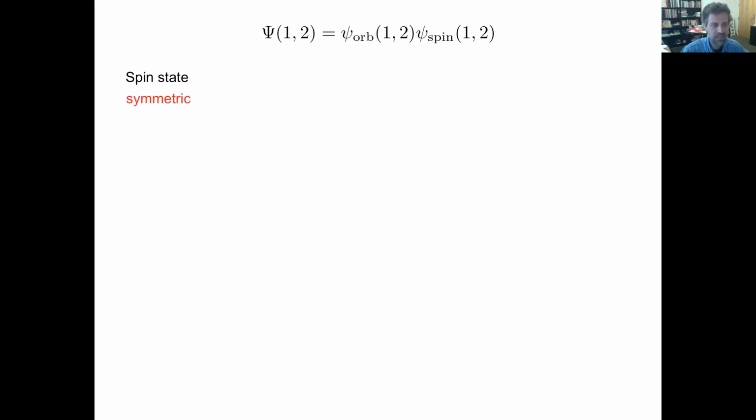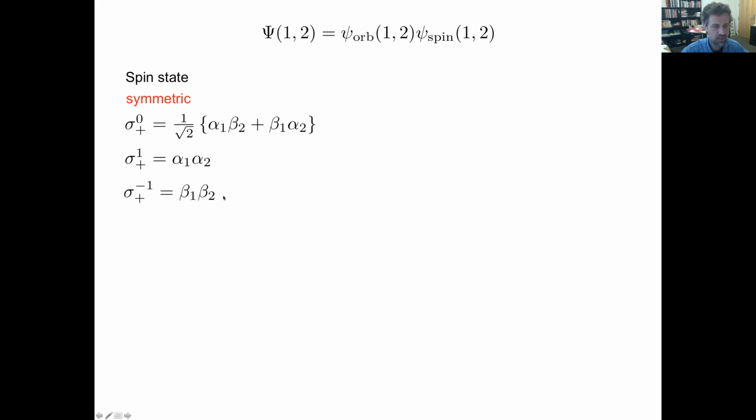The spin state can be symmetric, of course, and this is what we talked about on Friday. There were 3 possible ways of organizing the spins that had the property of being a symmetric spin state. The first one was sigma 0 plus, sigma 1 plus, and sigma minus 1 plus.